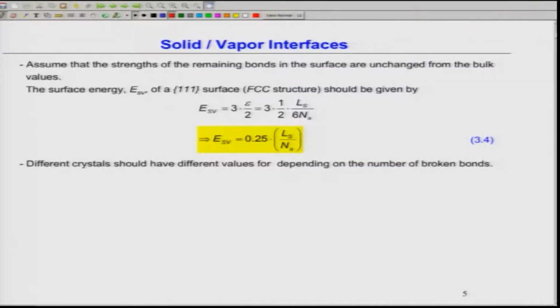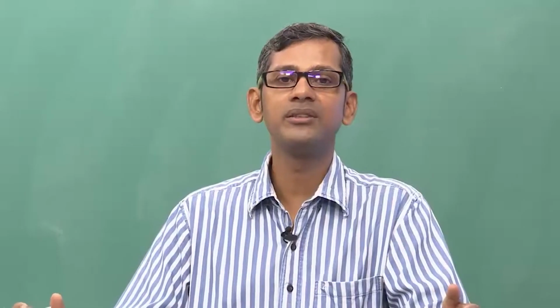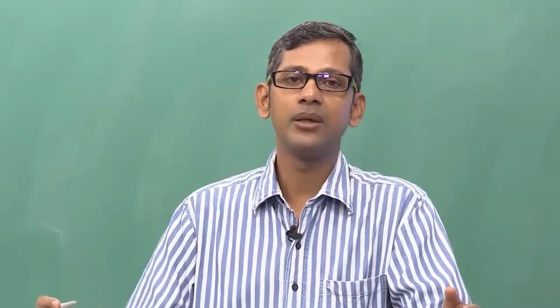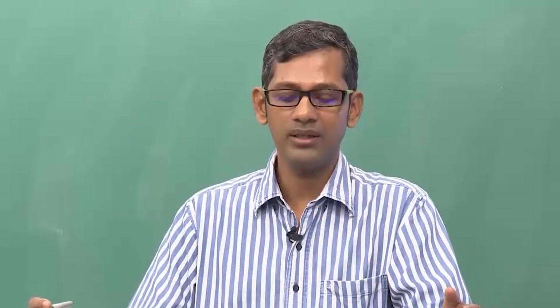So, different crystals will have different values of solid vapor surface energies, because they will have different values of Ls. The simple model allows you to calculate solid vapor interfacial energies simply by knowing the heat of sublimation.